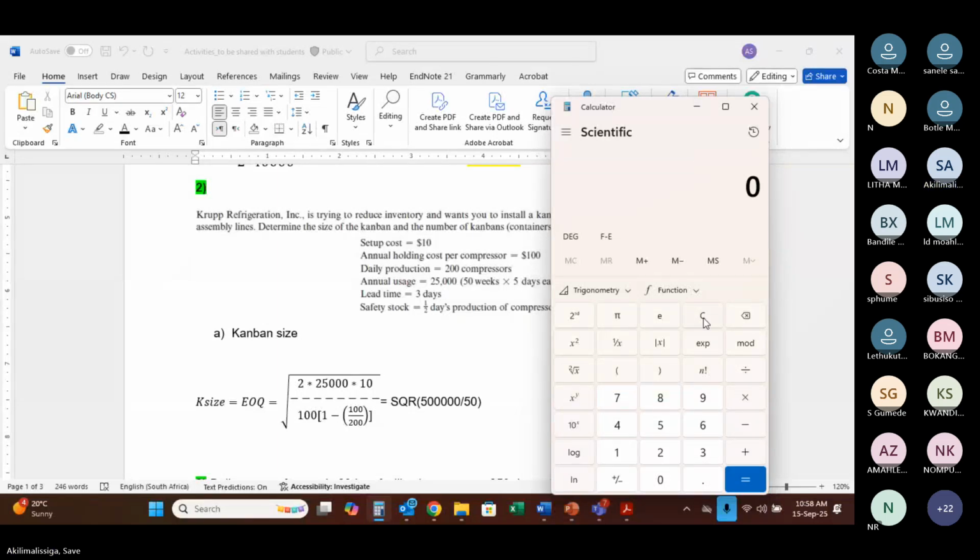No. It's 500,000 divided by 50. That is 10,000. So let's say square root of, so I have to put the amount first. 10,000 and square root here.